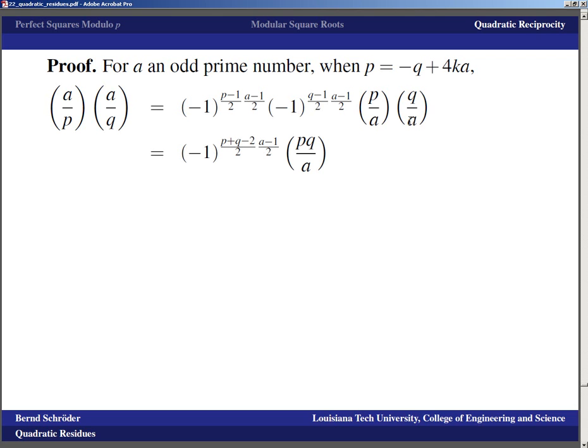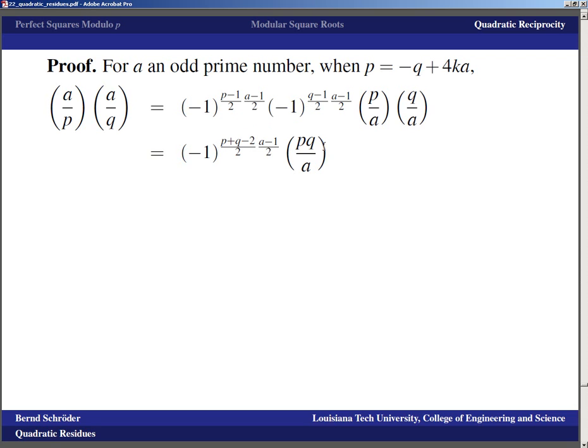Well, now we are going to use, of course, what we know about p and q. First of all, we combine the exponents, that is, we add the exponents. The (a−1)/2 is a common factor. (p−1)/2 plus (q−1)/2 is (p+q−2)/2.